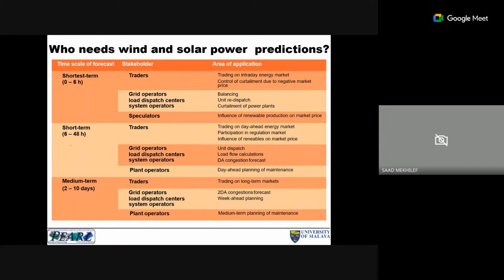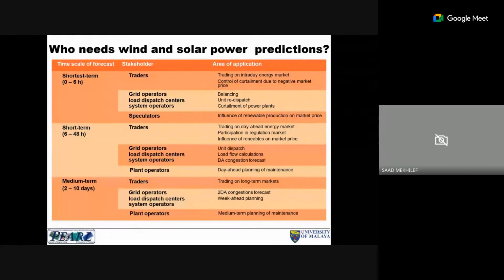These models, or prediction or forecasting methods, help a lot in predicting the amount, but sometimes, and many times, the predictions go wrong, because as I said before, it depends on the meteorological data, and the meteorological data are not certain. So these are the stakeholders that we call interested.